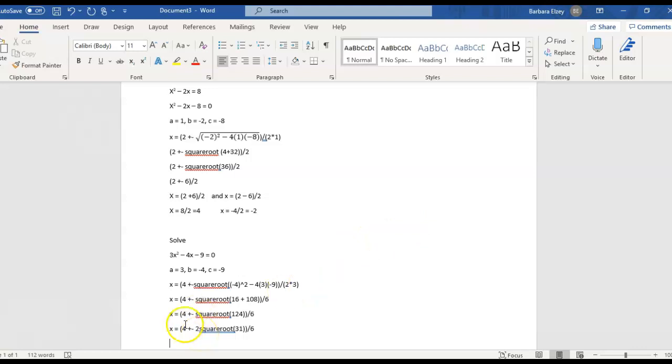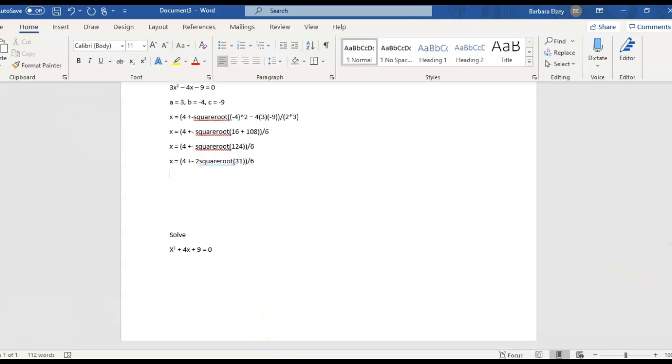We need to factor out a common number because we have the number 2 that will come out of this 4 and out of this 2, and we need to go ahead and reduce it with the 6 that's in the bottom since 2 goes into 6. So, factor out a 2. 2 out of 4 will be 2, and if we take the 2 away from that square root, it'll just be the square root of 31.